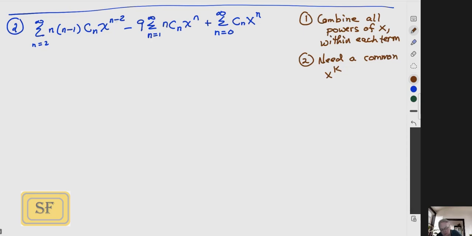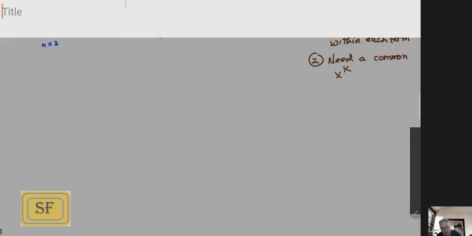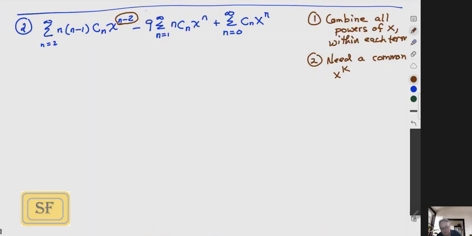Here we're going to take each one of these exponents, x to whatever power we have, and replace that exponent with k. On this first summation term, we're going to let k equal n minus 2, and then n is going to be k plus 2. I write that down to make the substitution easier.